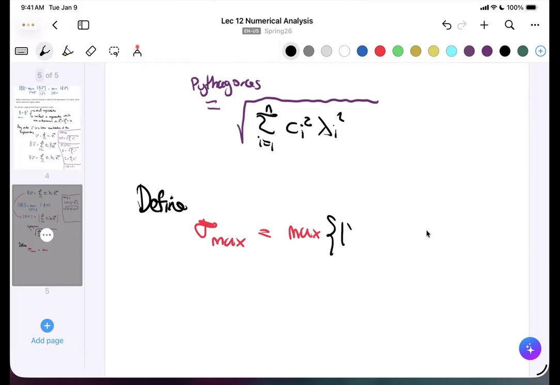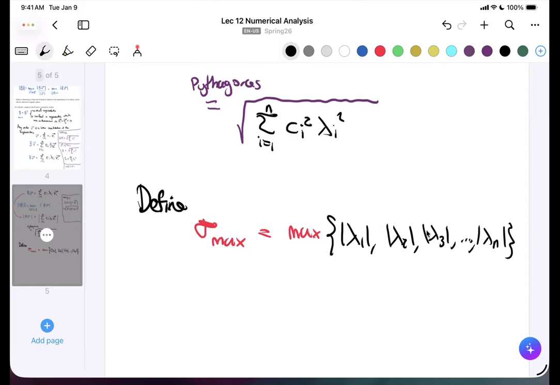So the maximum of the first eigenvalue in absolute value, of the second eigenvalue in absolute value, in case some of them were negative, of the third eigenvalue in absolute value, and the nth eigenvalue in absolute value. So here I'm writing it as if the matrix had n distinct eigenvalues, but some of these could be repeated. So that's fine. If the algebraic multiplicity is larger than 1, that's okay. So I'm maybe overcounting them.